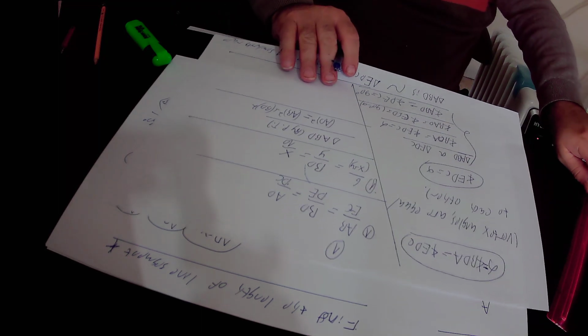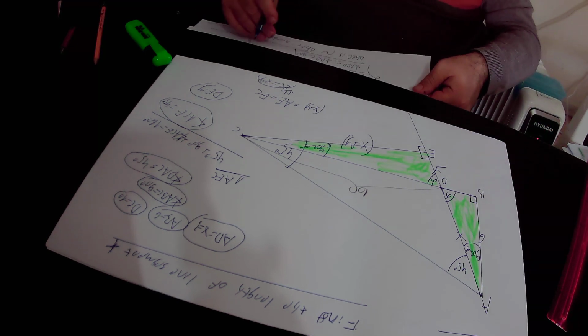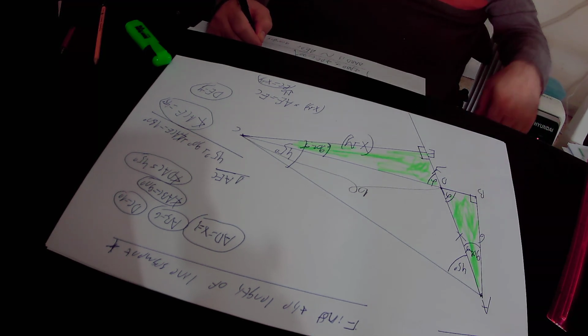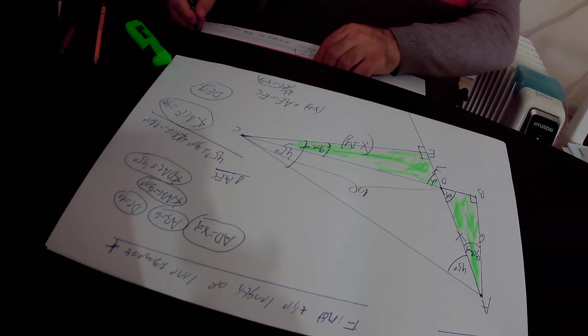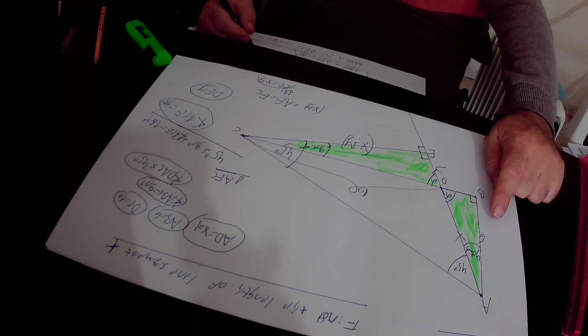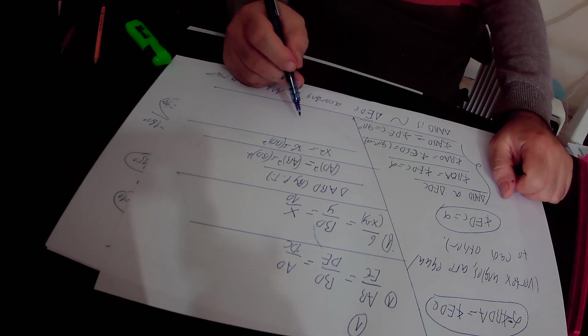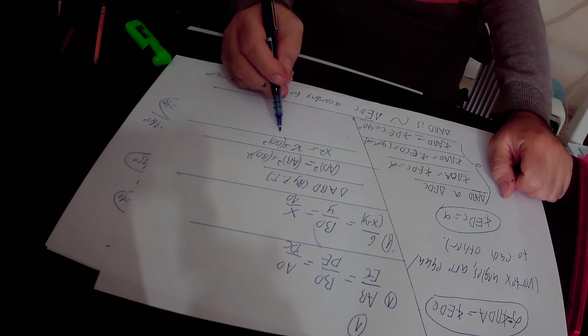So here AD equals x, so AD squared is x squared. AB equals 6, and AB squared is 6 squared, which is 36, plus BD squared. So we got that x squared equals 36 plus BD squared.